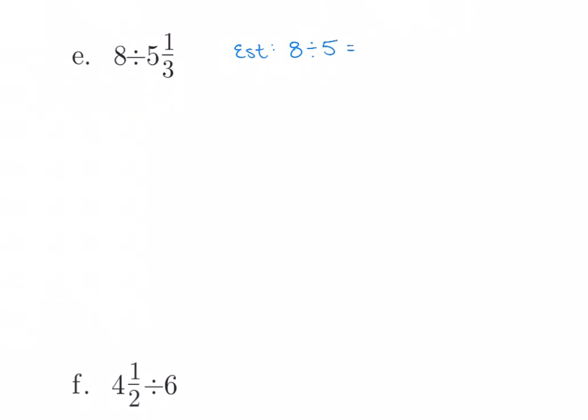And this again does not divide evenly, so I'm going to leave this as 8 over 5. But I do want to write that as a mixed number so that we can compare. 5 goes into 8 one time. And if we subtract 8 minus 5, we get 3. So my estimate is 1 3/5.